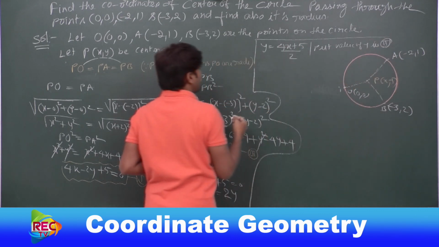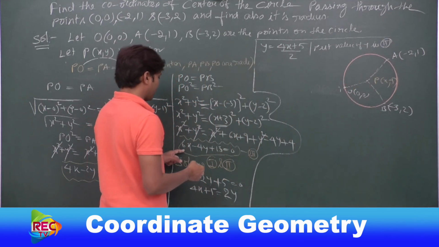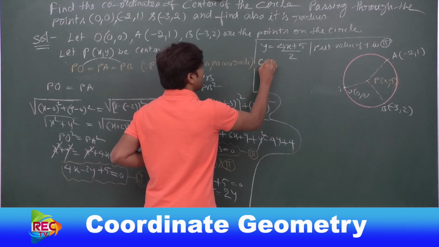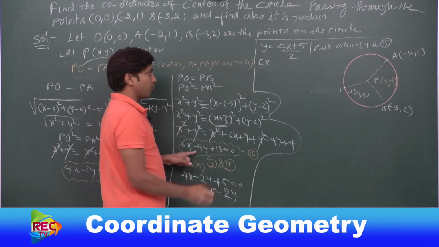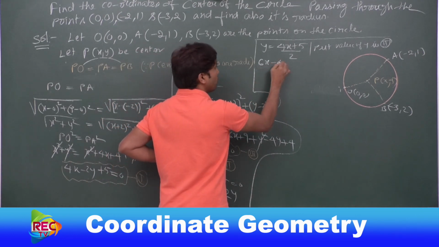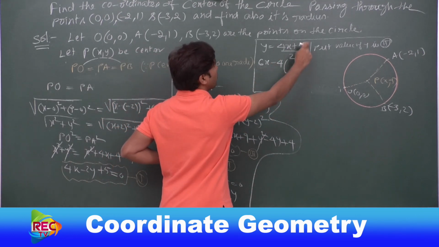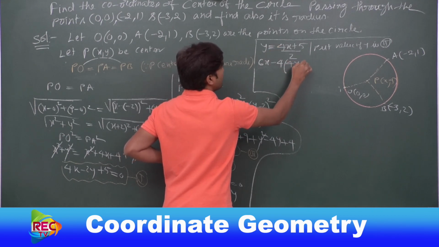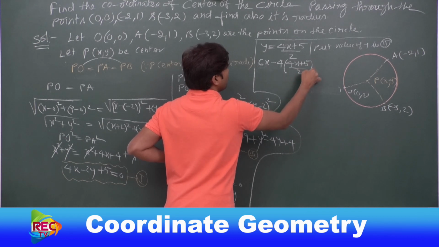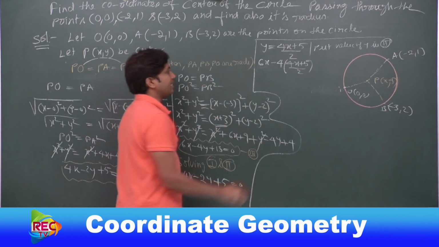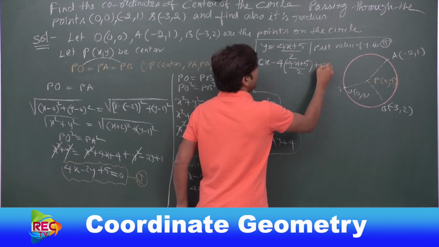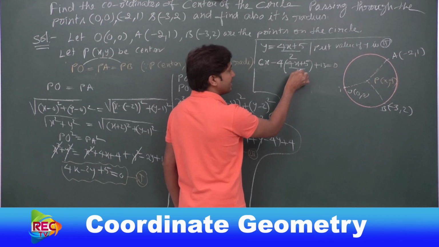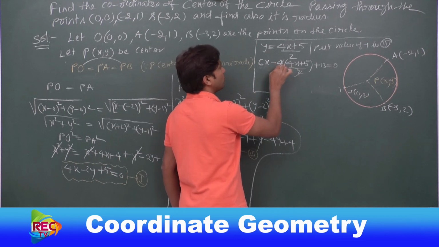Now what do we get? 6x minus 4y. So minus 4 into the y value, which is 4x plus 5 by 2, plus 13 equal to 0. Got it? Now we can cancel this 4 with 2 two times.